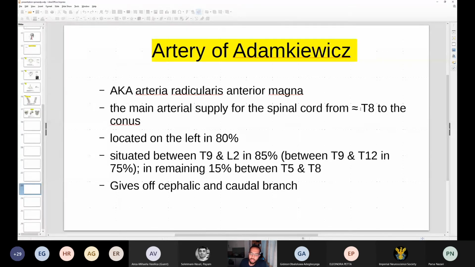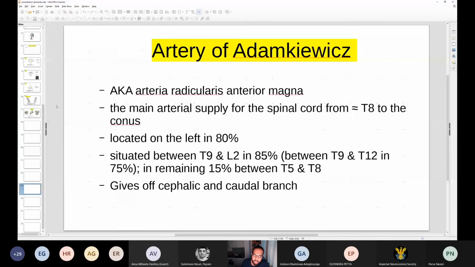Most of the time it's located on the left side, and its location also varies between individuals. However, in 85% of people, it's between T9 and L2. It's important to distinguish the location from the blood supply because it sends branches up and down.